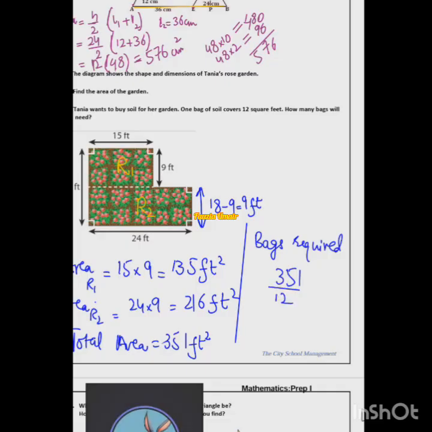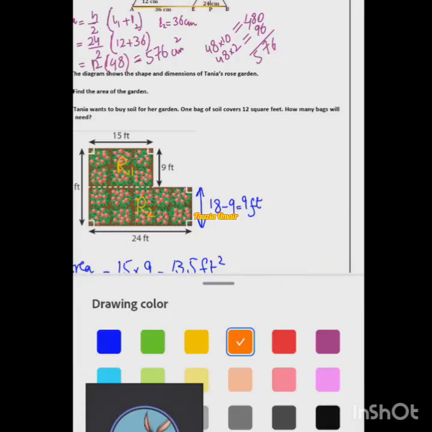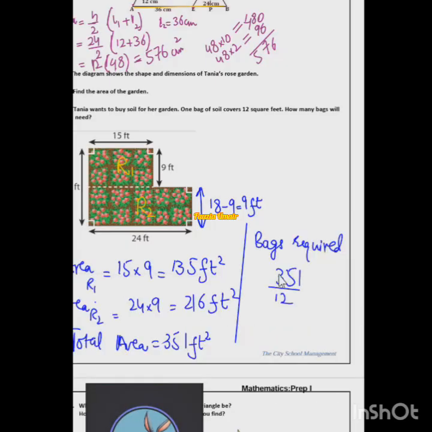Remember the divisibility rule of 12. The number should be divisible by both 3 and 4. Okay, so let's quickly check.